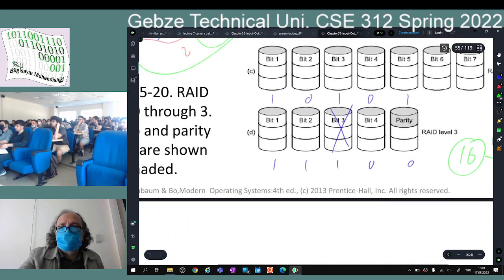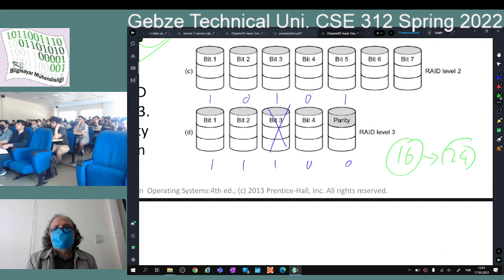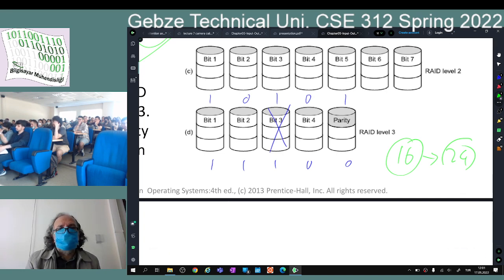So instead of writing 16 bits, I am writing 24 bits to this structure. So I am using more data, but I am building in some redundancy. That way, if one of the drives crash, then I can recover my data from that.